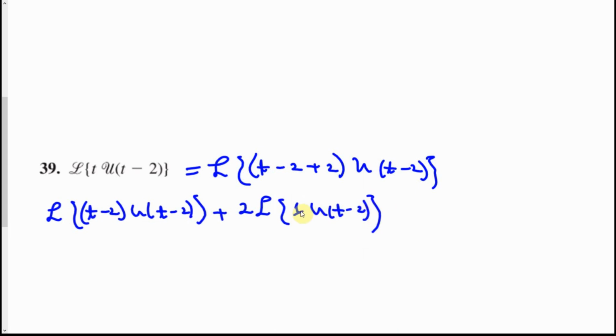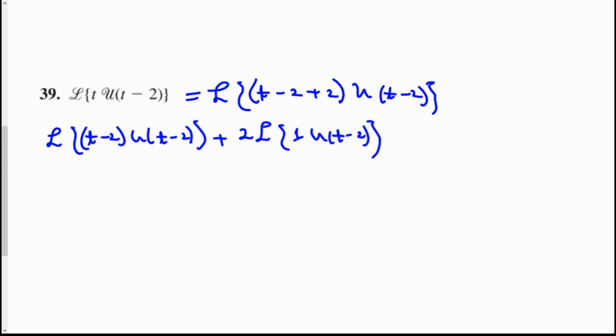You can do that. This is just an on and off. T values bigger than 2 give 1, t values less than 2 give 0 for that one over there. This one says if values of t are greater than or equal to 2, then we turn on the function t minus 2, and if it's less than 2, then you get 0.